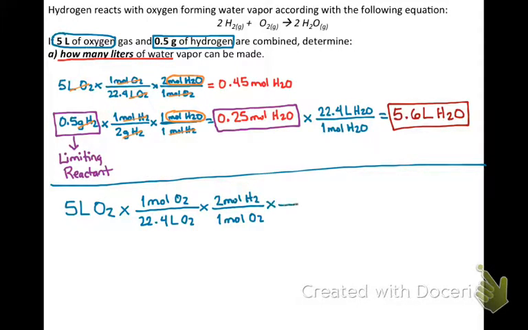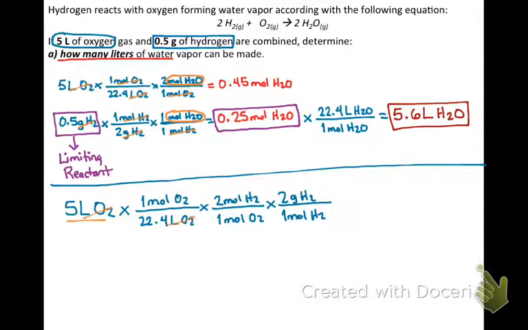And then, using the molar mass of hydrogen, 1 mole of hydrogen is 2 grams of hydrogen. Now I have the amount of hydrogen in grams that will react completely with this 5 liters of oxygen.